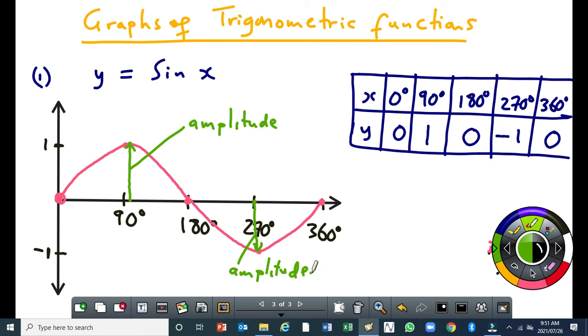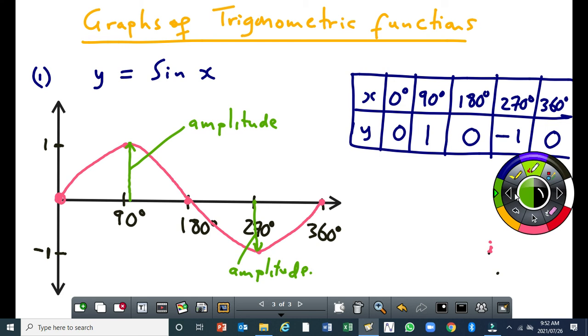So the period here is going to be 360 degrees. Now in maths, the period will be in degrees. In physics, it won't be in degrees. So I don't want someone to get confused later on. In physics, it will be in seconds, to be time. Here, it's in degrees.